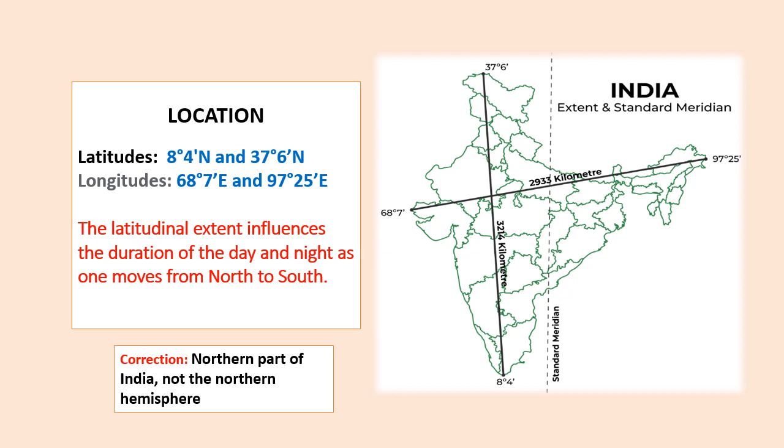Whereas during the summer, the days will be longer and the nights are shorter. That difference is felt only in the temperate zone area and not in the tropical zone area. I hope this is clear.